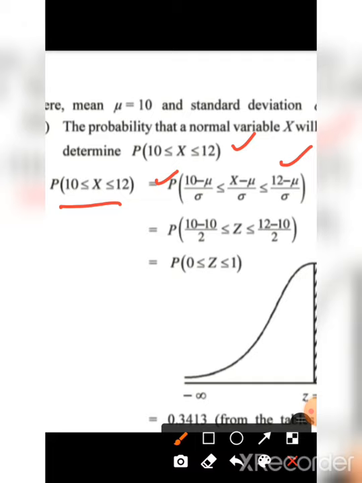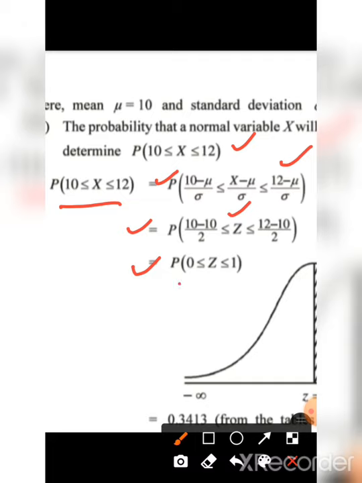In the next step, instead of mu and sigma we put the values: 10 minus 10 divided by 2 less than or equal to z less than or equal to 12 minus 10 divided by 2. As you solve it, 10 minus 10 divided by 2 becomes 0, and 12 minus 10 is 2, divided by 2 becomes 1.